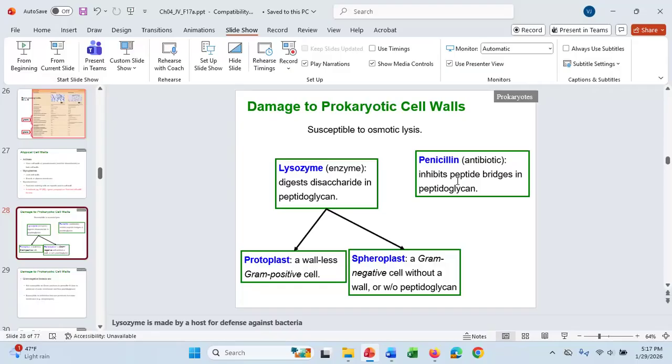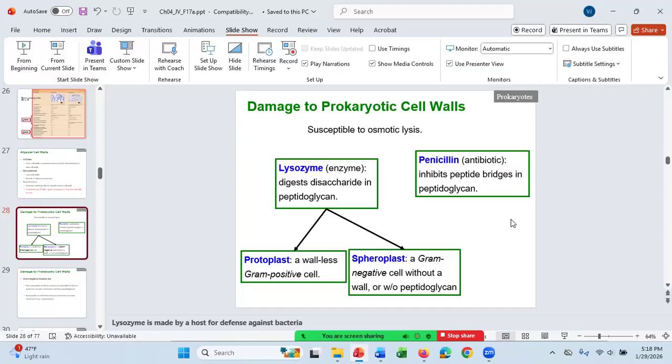The blood has more water in it than the bacteria cell has, at least most bacteria, and then water will move into the cell with the osmosis, and because the cell has a non-functional cell wall from either penicillin or lysozyme, the water will move in and eventually kill the cell.